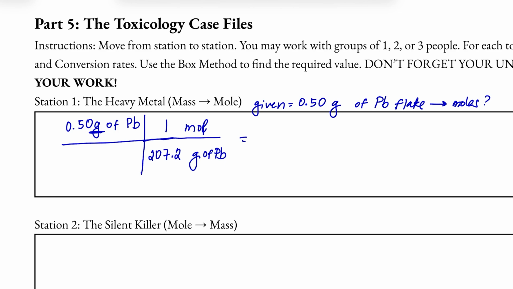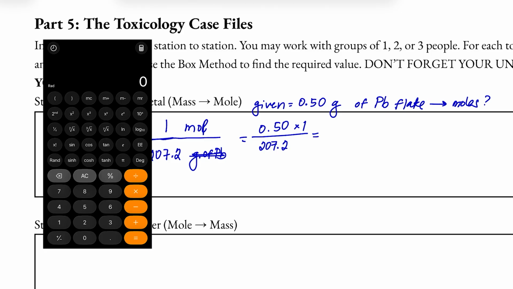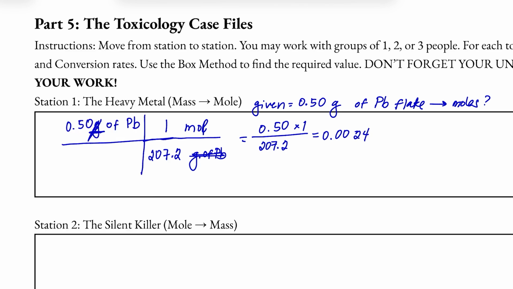So we go 0.5, and our grams cancel out, times 1 divided by 207.2. 0.5 divided by 207.2 is 0.0024 moles.